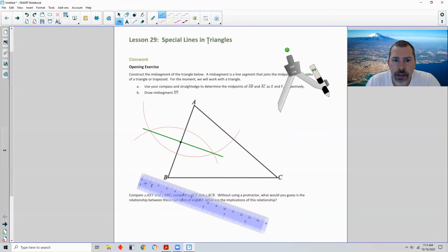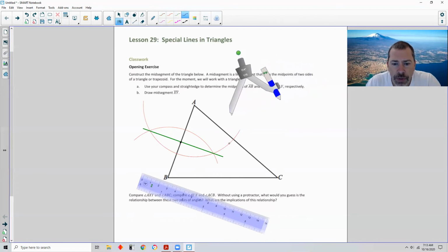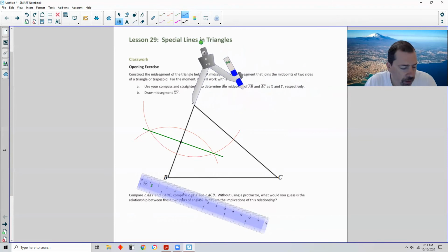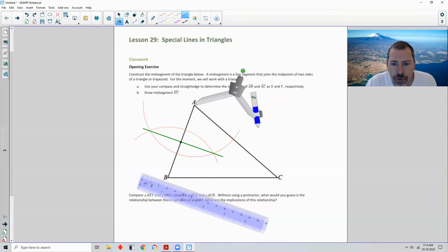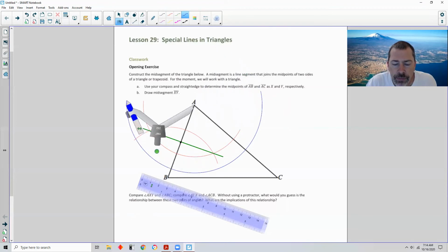I'm going to repeat this process. And let's draw a mid-segment from AB to AC. So now I need the midpoint of AC. So I put my compass at A. So I'm drawing a circle centered at A. I'm going to rotate it around, open it further than halfway, and draw an arc like so.